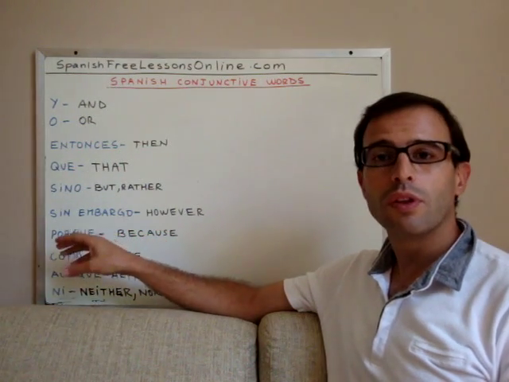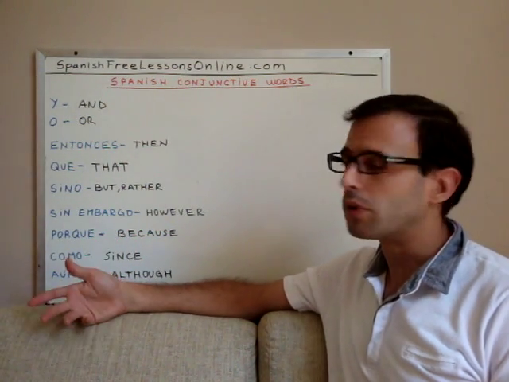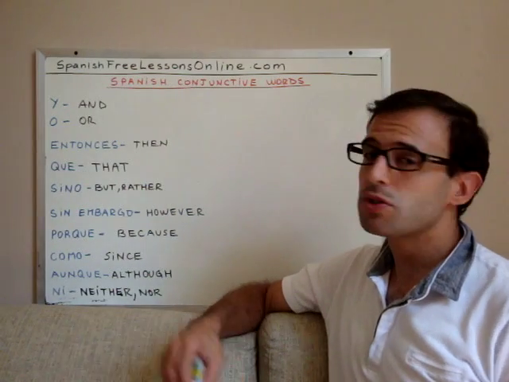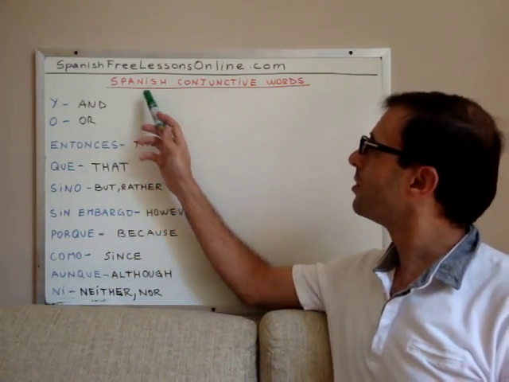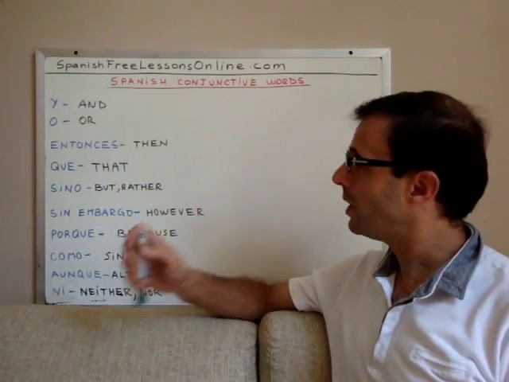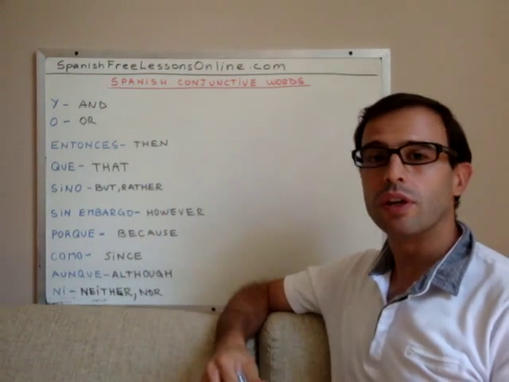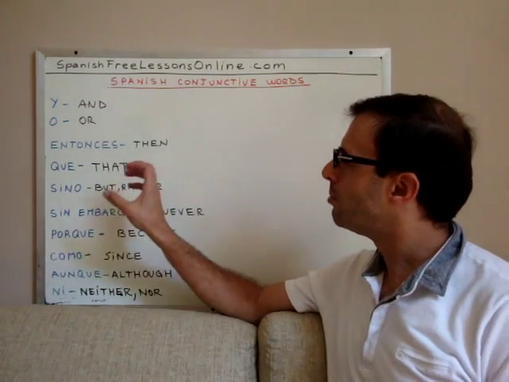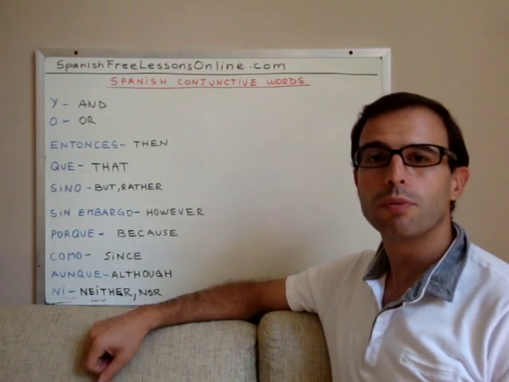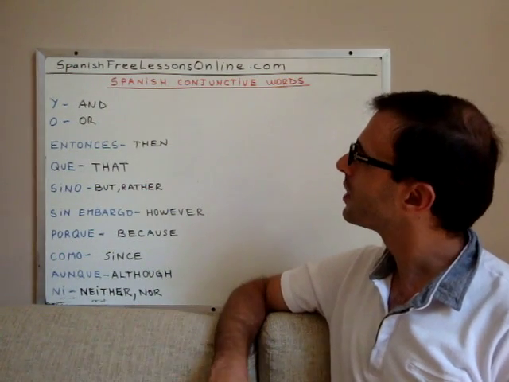We'll study the ones that are more frequently used in the language. So we just call them by the general name of Spanish conjunctive words, okay? We just take briefly a small group of the most used ones.